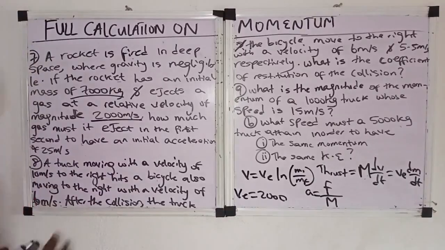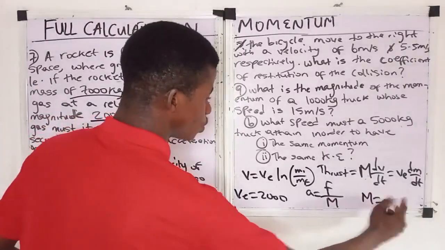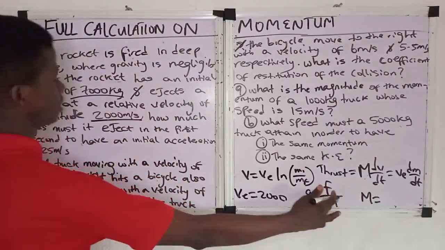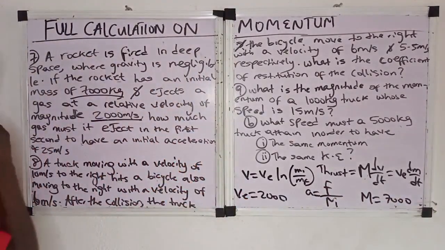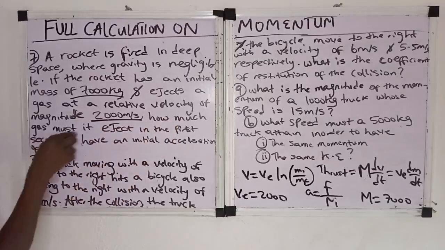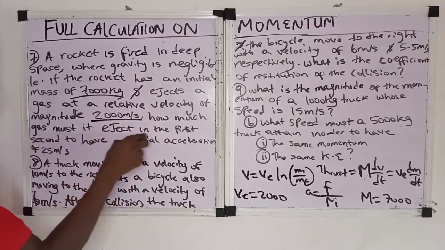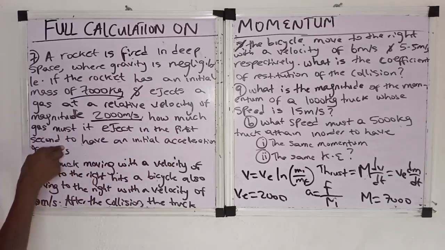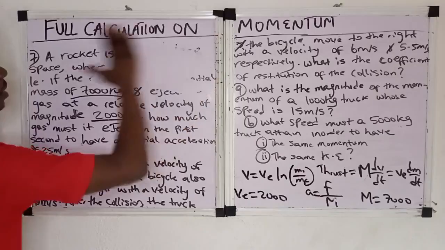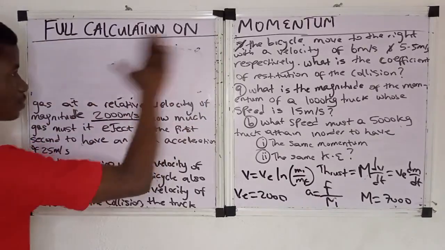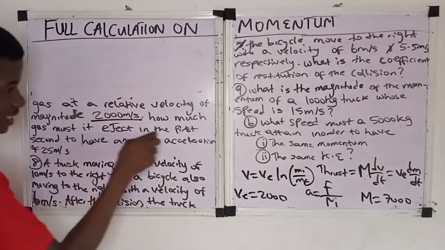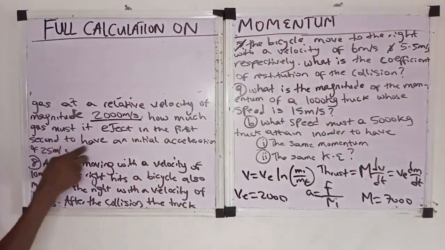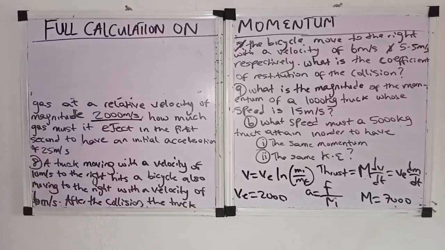The mass of the rocket normally, the total mass, is 7,000. So they said how much gas must it eject in the first second to have an initial acceleration of 25?